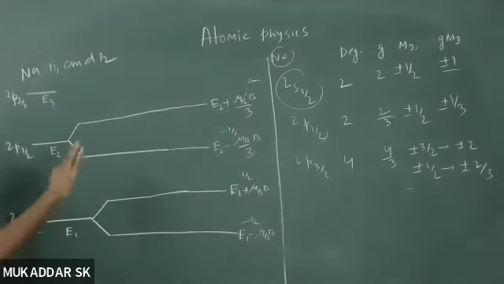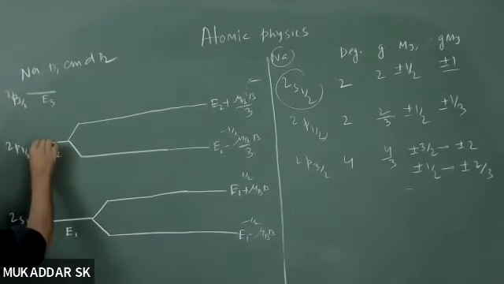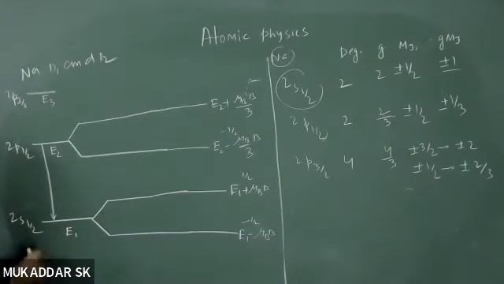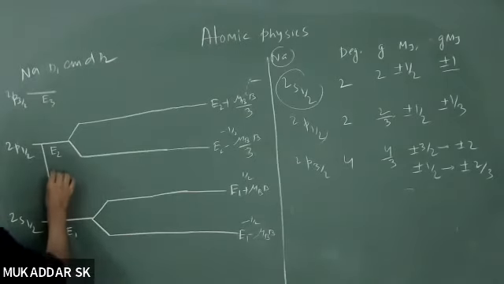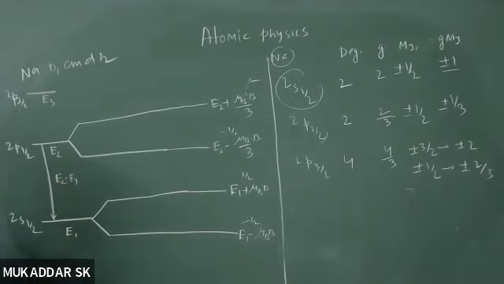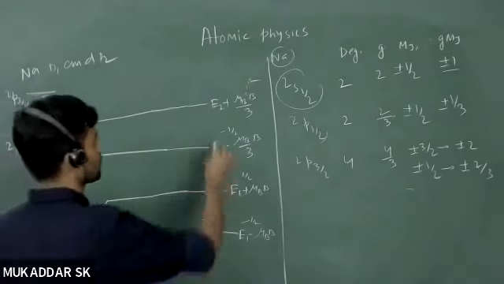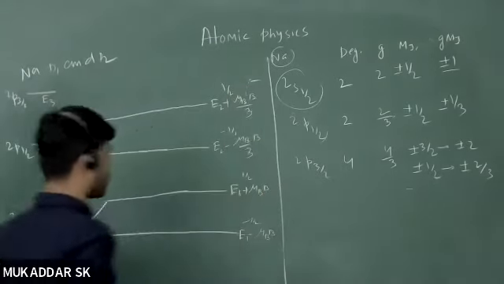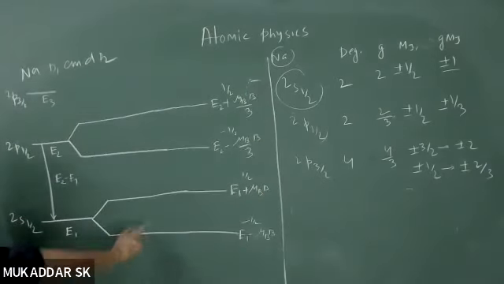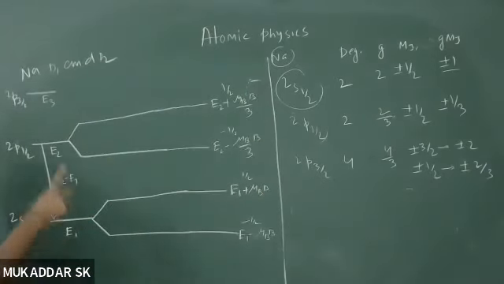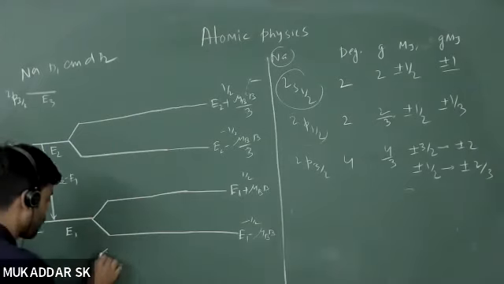Okay, let us understand first the D1 line. So when there is a transition from 2p 1/2 to 2s 1/2, before application of the magnetic field, you will get only one line that corresponds to E2 minus E1. Here mj is half. Now under the application of a magnetic field, you will get this kind of splitting. Now the selection rule for this transition is what?